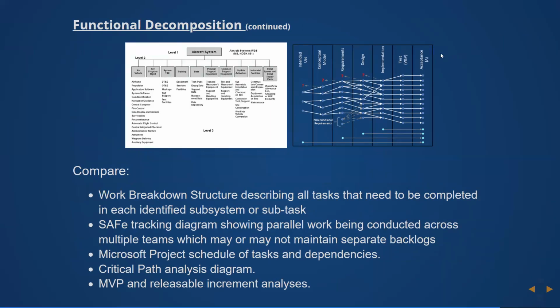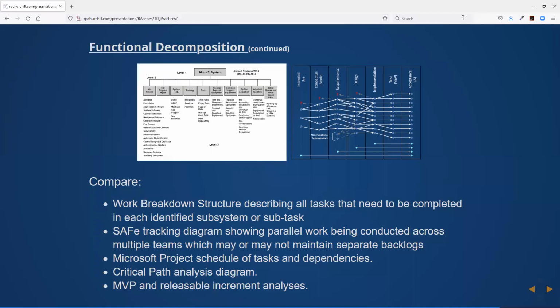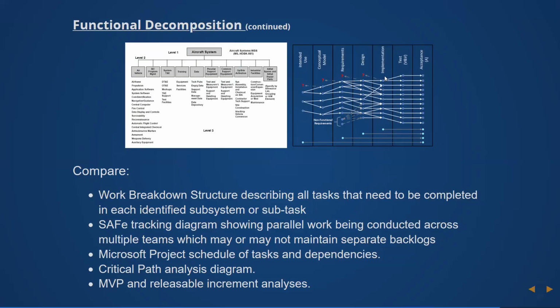In business analysis and in a lot of the other practices, we break things down into all the implementation items and design items, and we make sure they link from the problem statement all the way through test and acceptance.